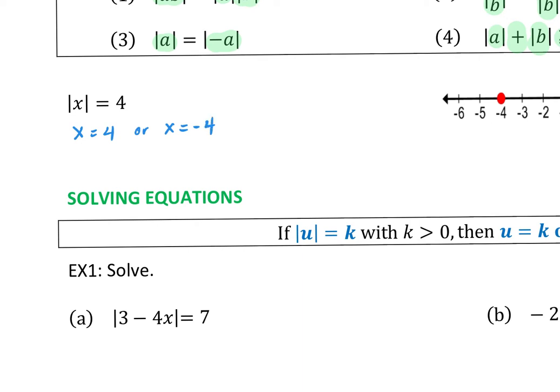Those are our solutions. And basically what we're saying with an absolute value, and the reason why it's never negative, is because an absolute value is the distance from 0. What this equation is saying is, find me all the x values that are 4 units away from 0.